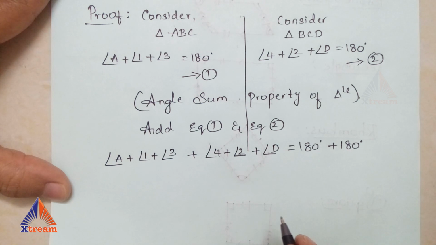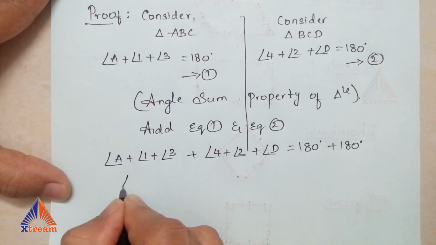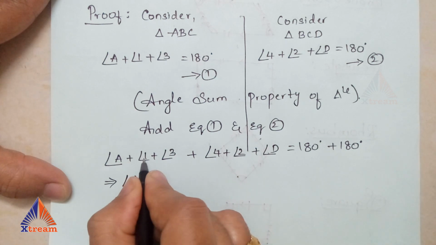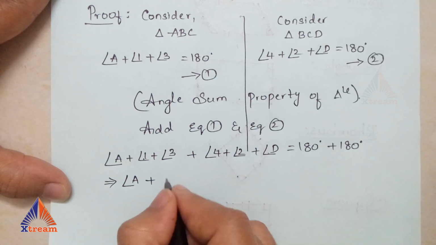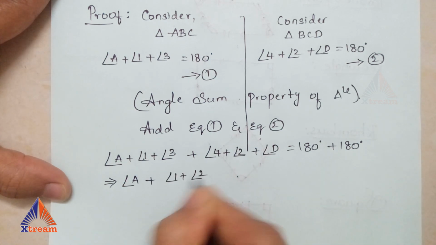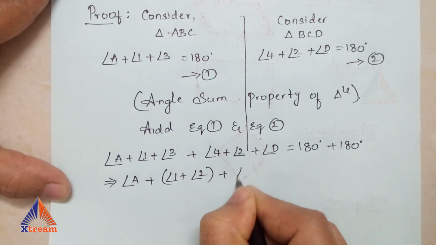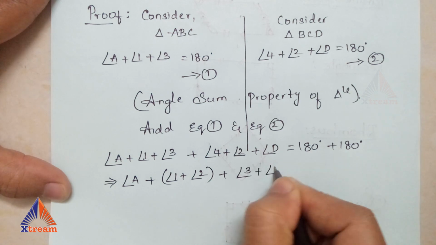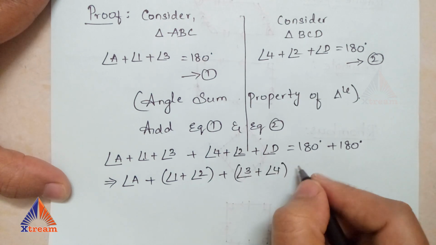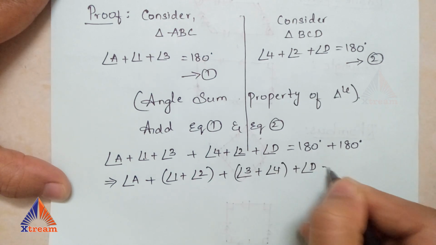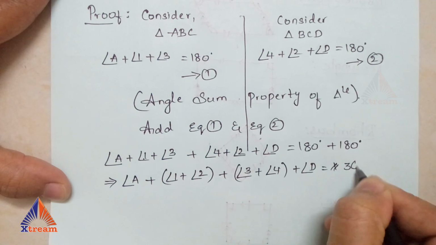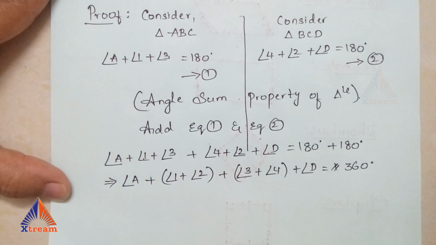And now I'm trying to regroup. I'll write angle A as it is plus angle 1 and angle 2. I'm writing them together. I'm grouping them plus angle 3 plus angle 4. I'm grouping them together plus angle D gives us 180 plus 180 gives us 360 degrees.